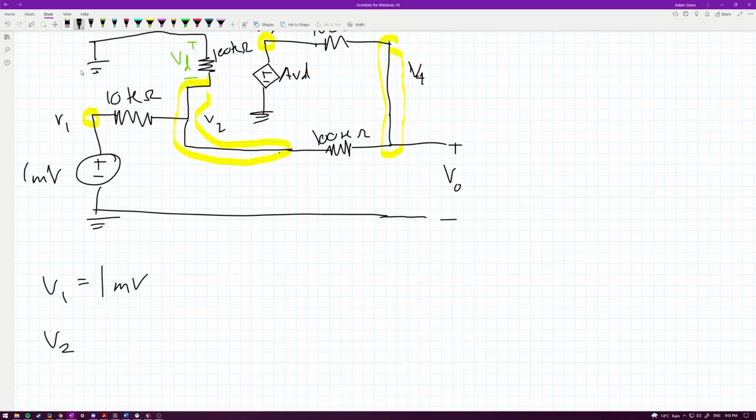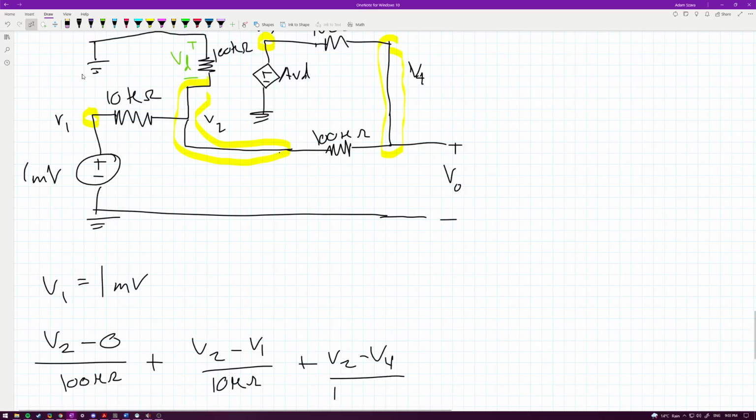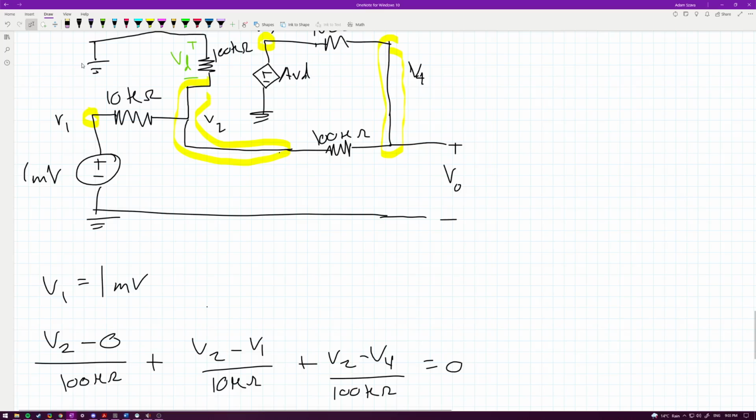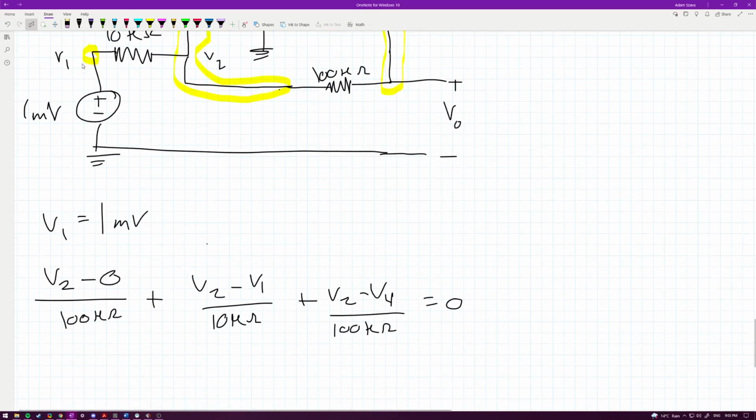The current leaving, I, is V over R. So V2 minus 0 over 100 kilo ohms, plus V2 minus V1, which we know, over 10 kilo ohms, and then we have V2 minus V4. Okay, that's that equation.